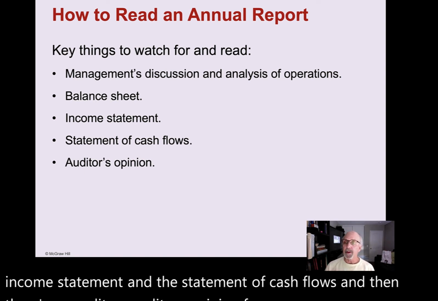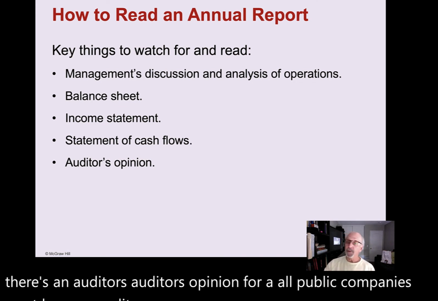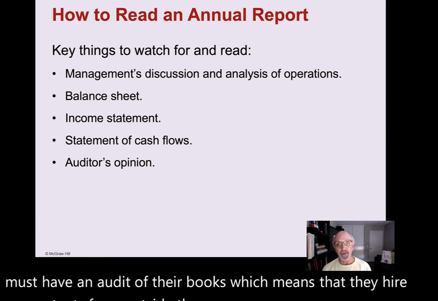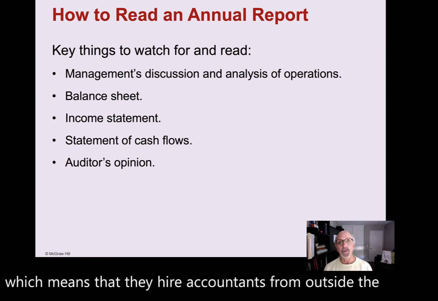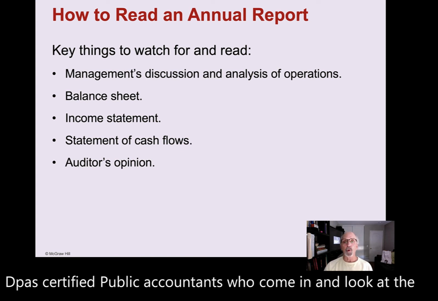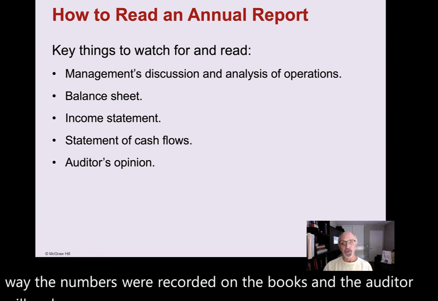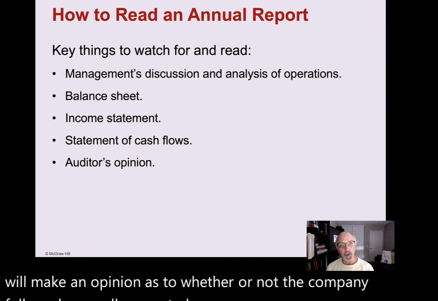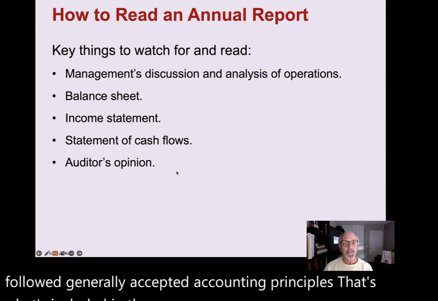All public companies must have an audit of their books, which means that they hire accountants from outside the company, CPAs, certified public accountants, who come in and look at the way the numbers were recorded on the books. And the auditor will make an opinion as to whether or not the company followed generally accepted accounting principles. That's what's included in the annual report.